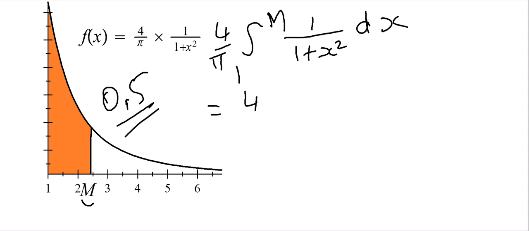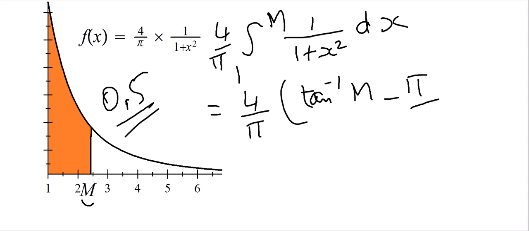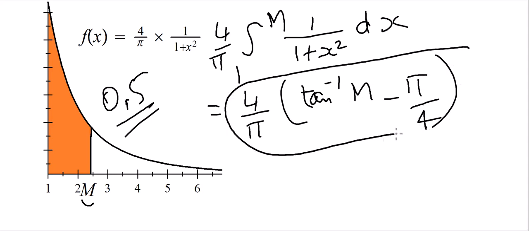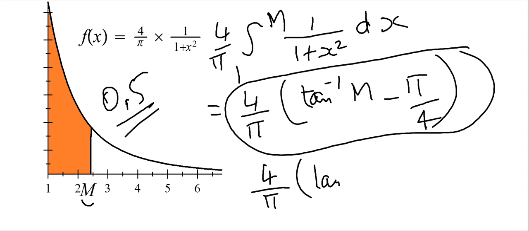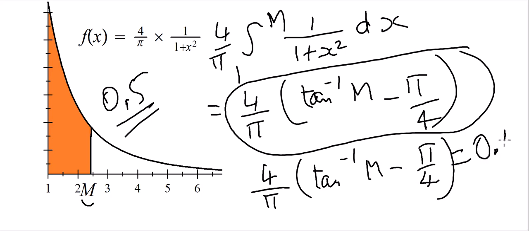So we are doing it again and again. So this is tangent inverse m minus pi over 4. And what do we need this whole thing to be? We need this to be 4 over pi times the quantity tangent inverse m minus pi over 4, and we need this value to be 0.5.